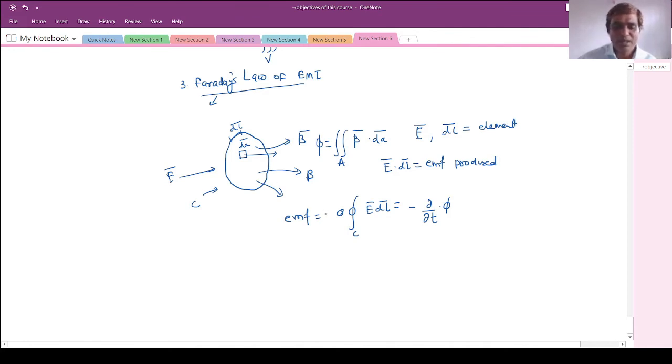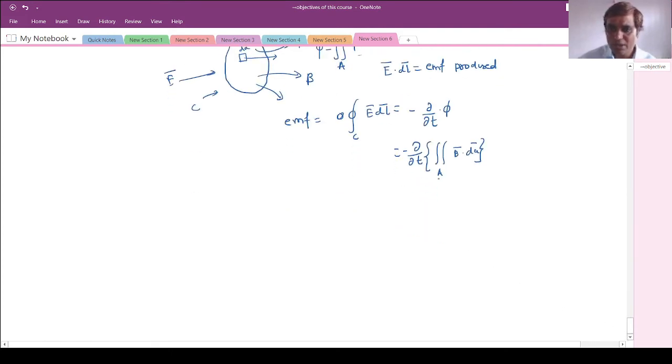And this I can also write as minus d/dt of phi, and in terms of flux density I can write it as B bar dot dA bar. Now if I look at this equation very carefully, I can observe that there are two ways the magnetic flux changes.